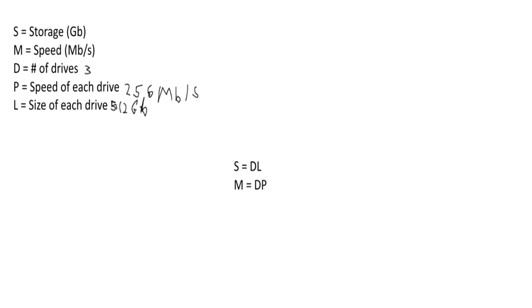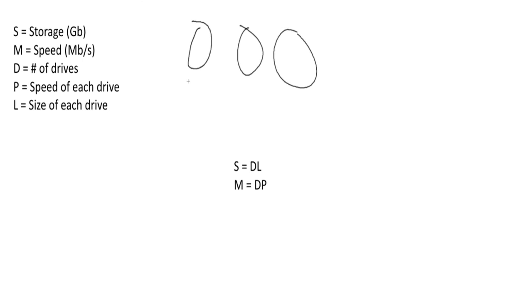So it's the same thing for storage. You just multiply the number of drives you have by the size. And fun fact, if you're running multiple drives and they're all different sizes, like this one's 128, this one's 256, and this one's 500, you only get the smallest size each time you add a drive, because what RAID 0 does is it takes the smallest drive and sets that for the size bonus you get for each drive you add.